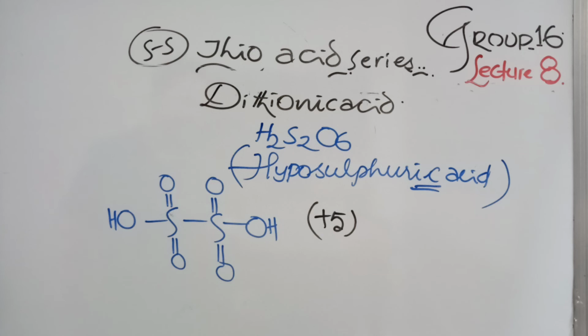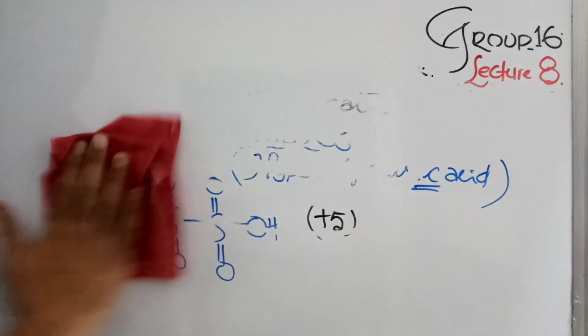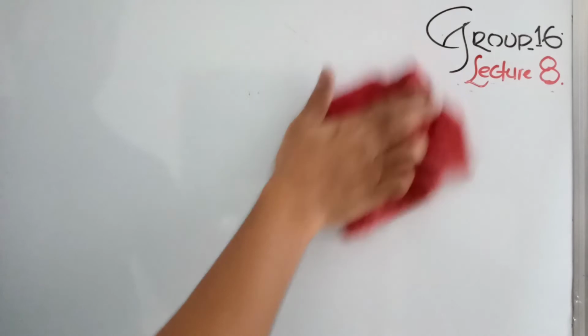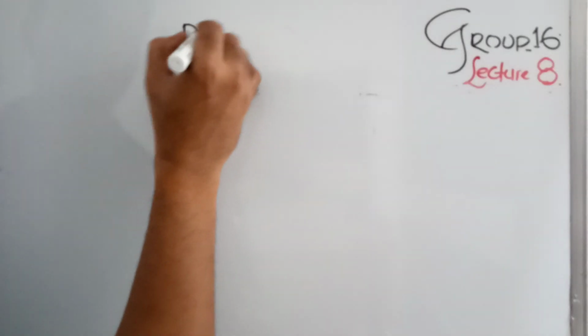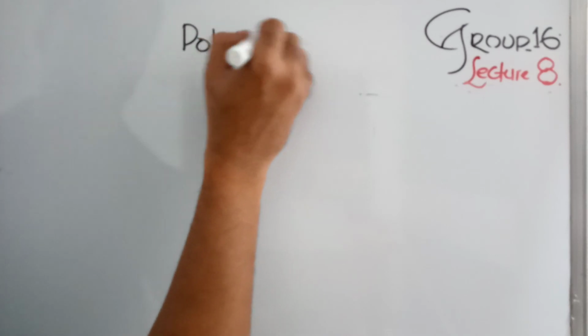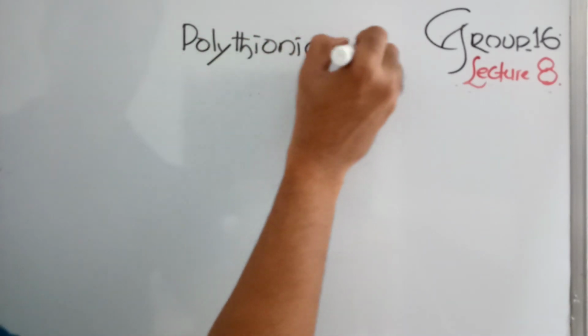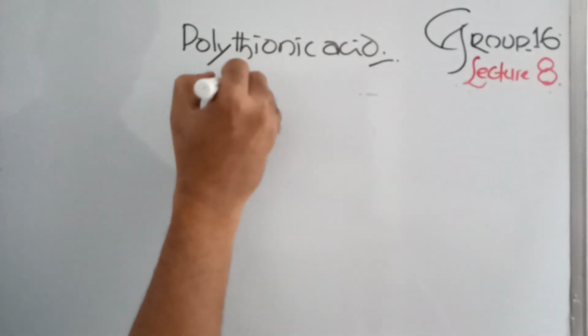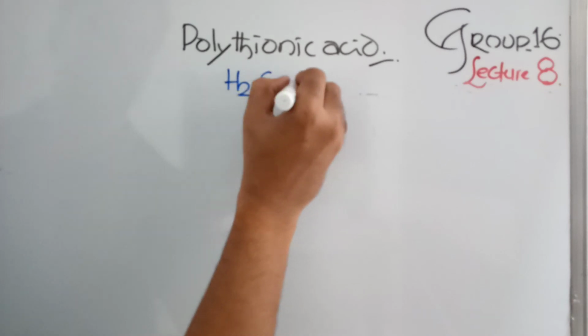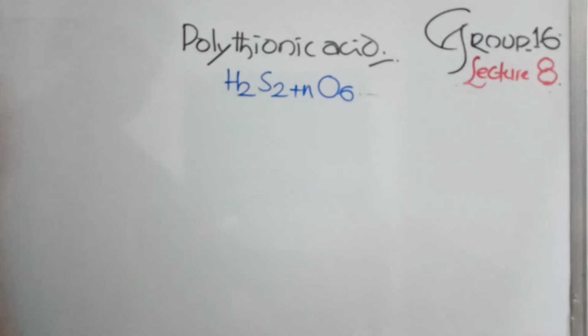We are discussing thioacid series. Along with this, we have polythionic acids. With that, we'll conclude this topic. Polythionic acids. Thionic means again same structure as we were discussing just now. H2SnO6, with S2 plus n, O6.